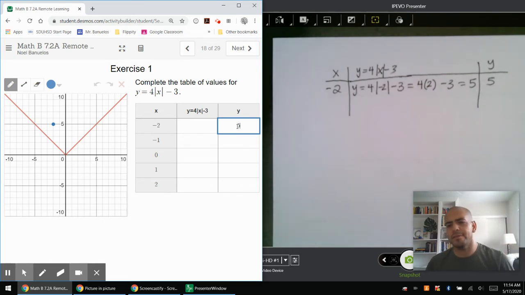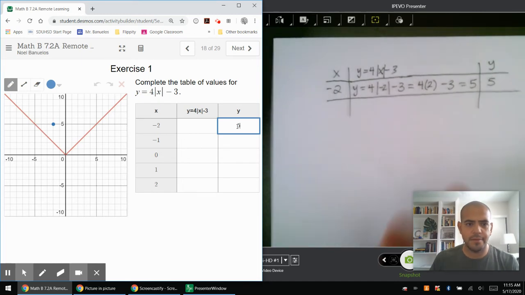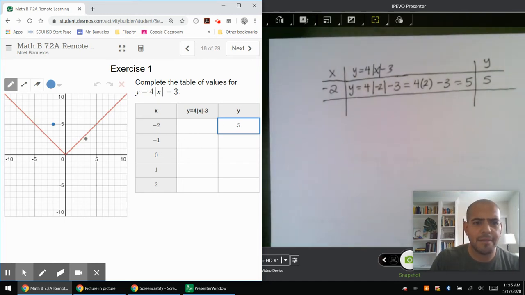Oh, yeah. Sorry, I was a little confused. This red graph is the absolute value of x, the original. So we don't expect these points to land on the red line because that's the original. We're trying to find the new one.